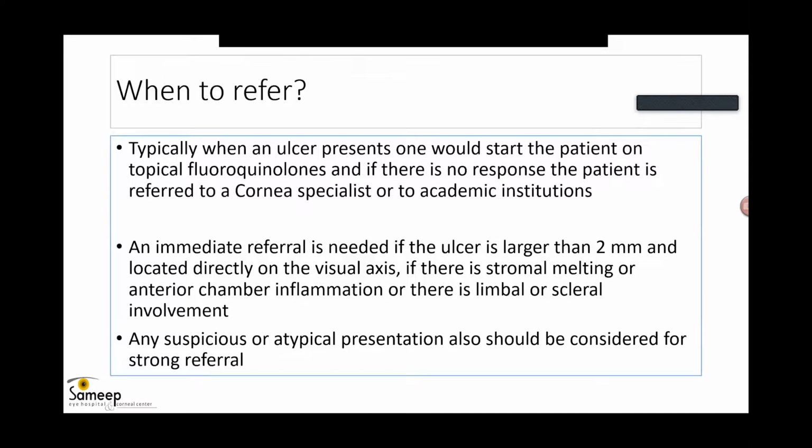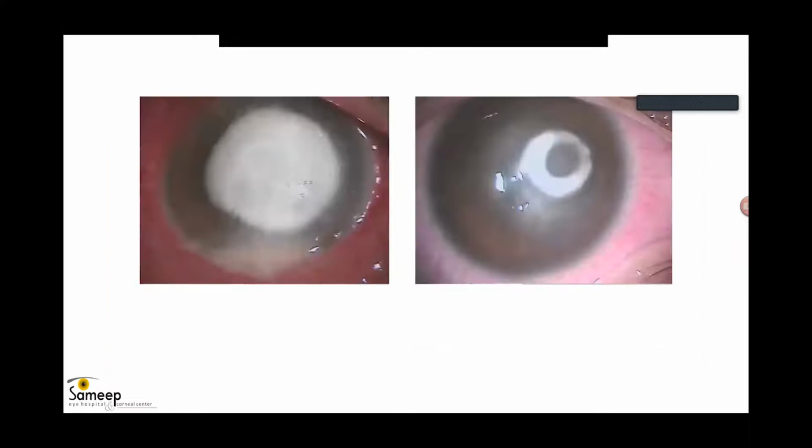So an immediate referral is needed if the ulcer is larger than 2 millimeter and located directly on the visual axis, if there is stromal melting or anterior chamber inflammation, or if there is limbal or scleral involvement. These are the red flags where you have to be careful. Any suspicious or atypical presentation should also be considered for strong referral.